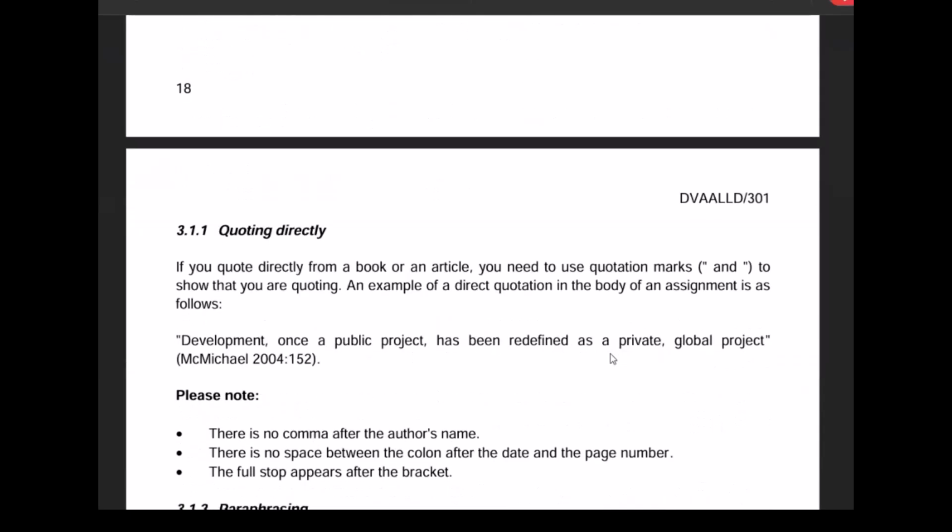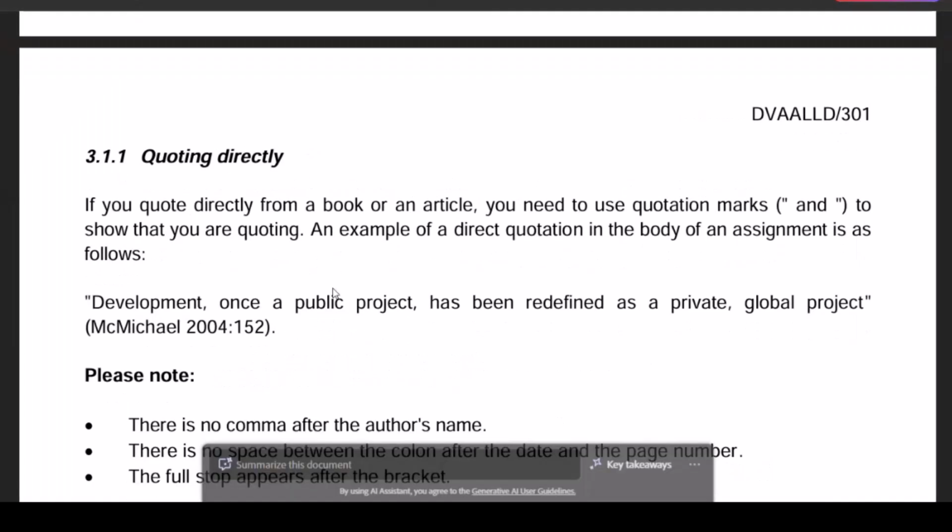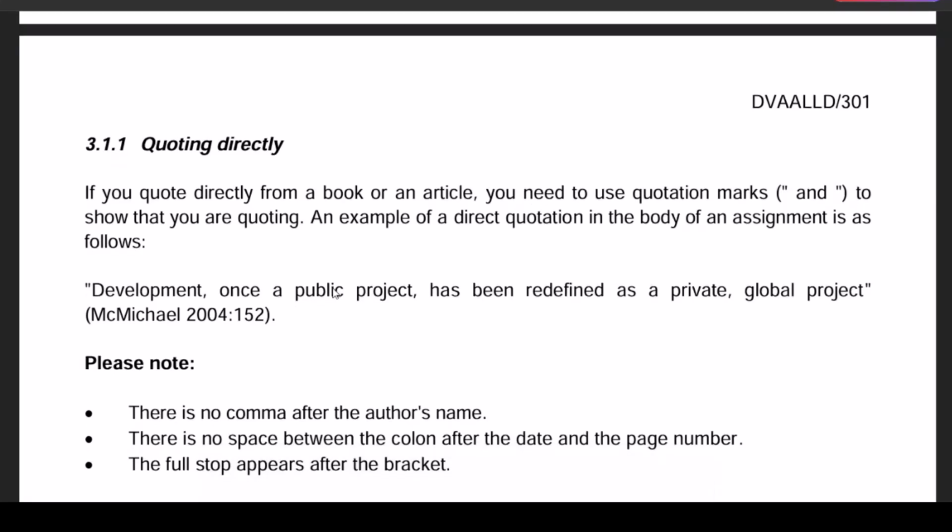All right, quoting directly. You remember what I said? Okay. When you are quoting directly, you are using the exact same words as that source, né? You are going to use these quotation marks. You see there, this whole sentence here comes from a source.